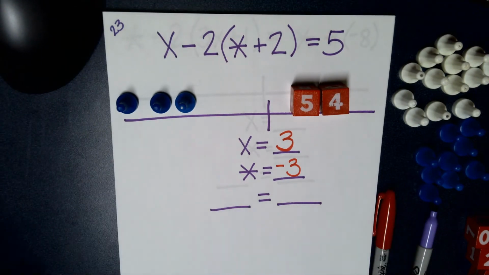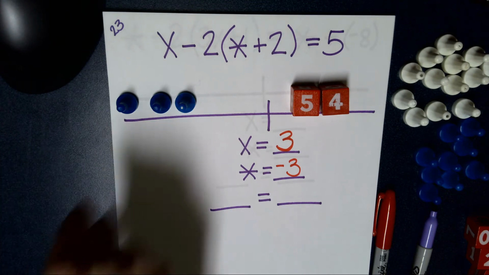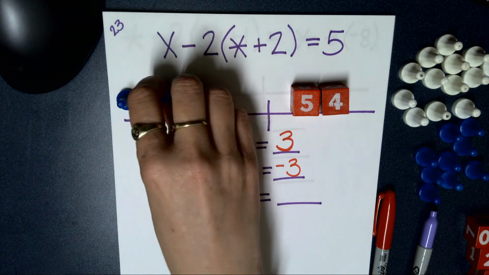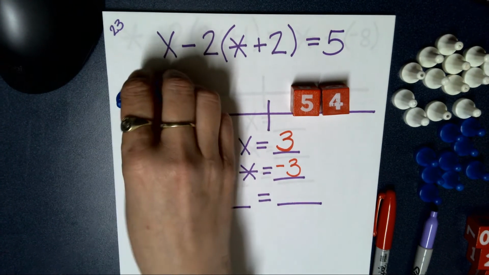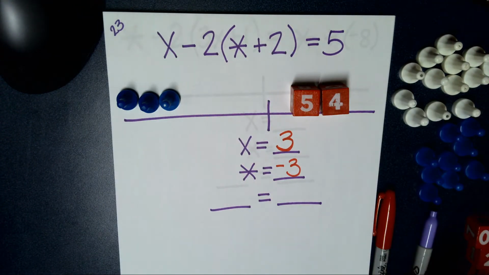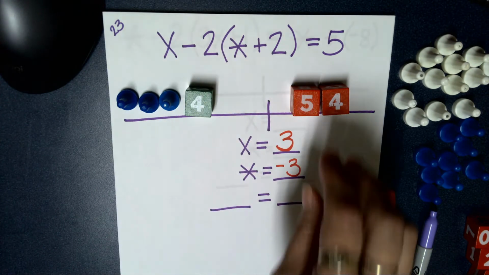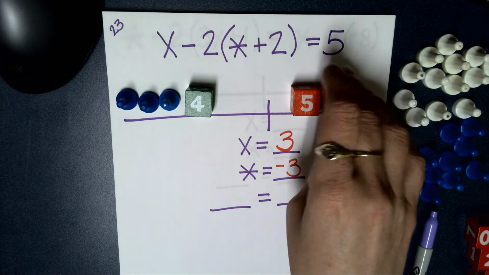So let's go back and set back up. So we had a pawn, and then we had two pawns, and we had the opposite of 4, and then on the right hand side we had a 5.